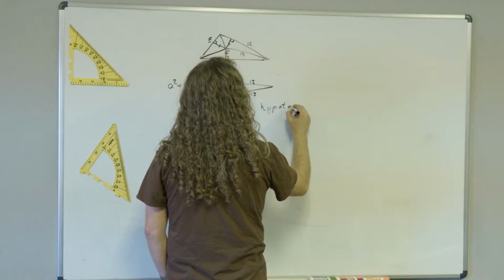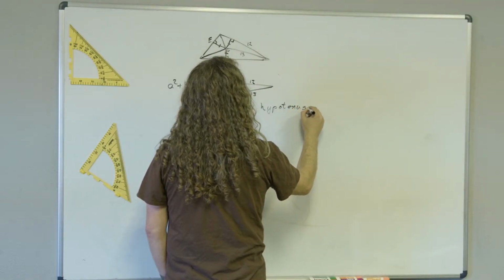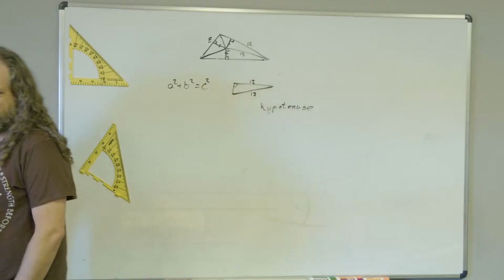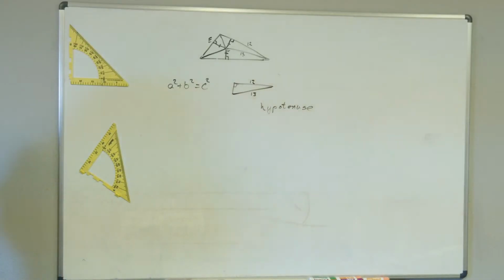How do I know which one is the hypotenuse? There's two things that tell me it's a hypotenuse. One, I don't know yet technically, but the other one I do.